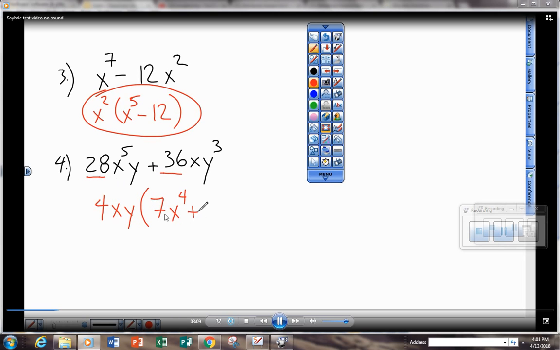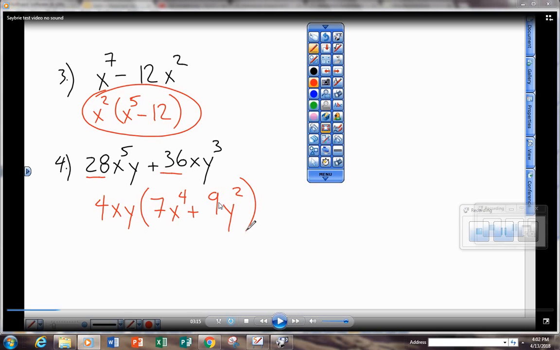So it would have to be 7x to the 4th plus 9y squared, because 4 times 7 gives you the 28. Then x times x to the 4th is x to the 5th. You already have y, so that will give you 28x to the 5th y. Down here, 4 times 9 is 36.